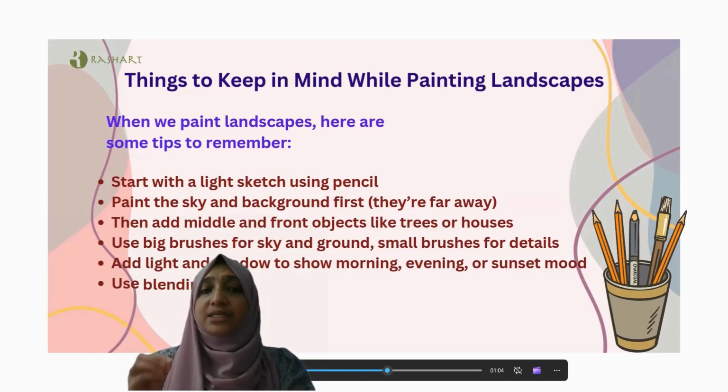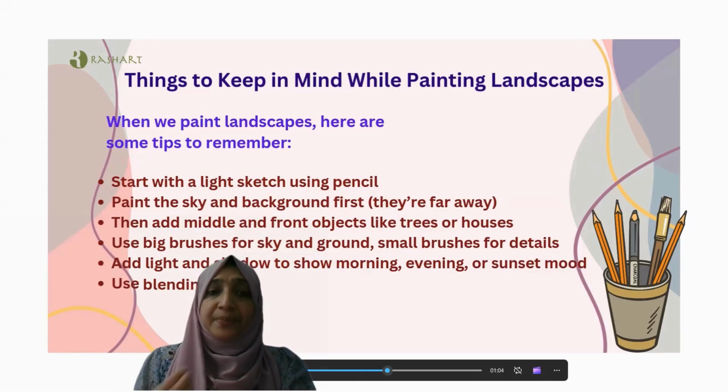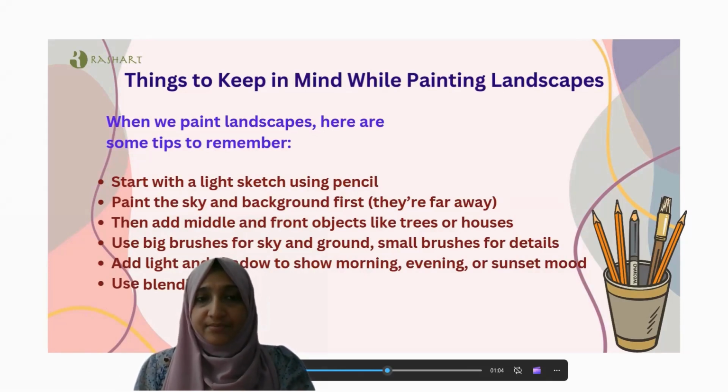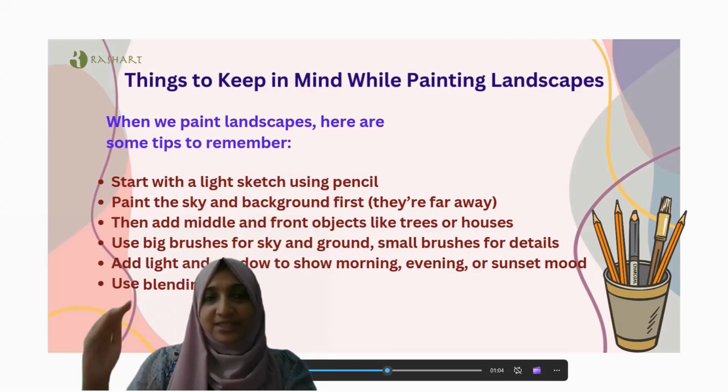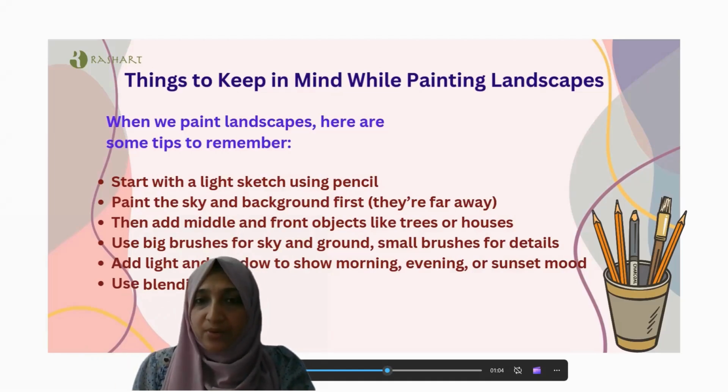Create a light sketch, and paint the sky and the background first. Got it? In the next video, you are going to see how to paint a sky. That is the first thing. Then the background.